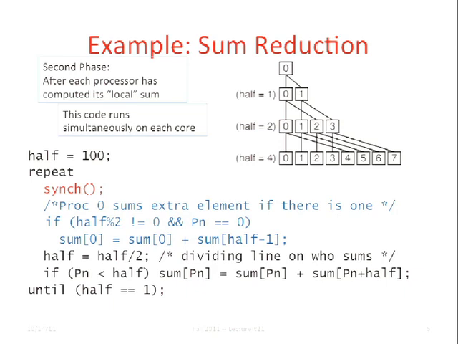I take my current partial sum and add to that the sum of my partner who's half the distance away. Again, if I'm the second processor in the first half, I add my sum plus the sum of the second processor in the top half. Then I iterate: synchronize, and go and do the next one. So this is going to go 100, 50, 25. Oh, that's odd, we're going to do something special. 12, 6. You can go from there.